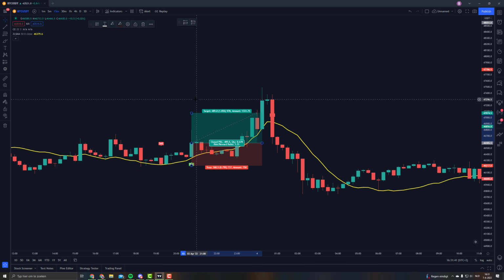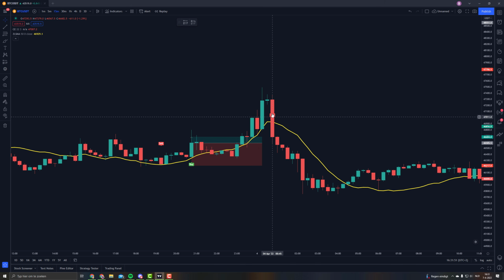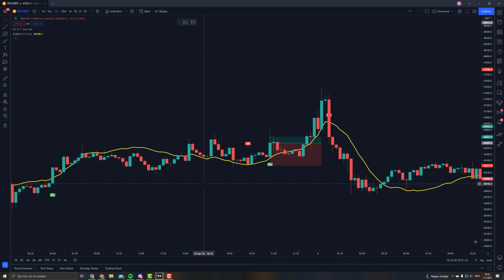Like I said, I will get out if I am in profit and the candle closes underneath the yellow line. So it will be right there. And if this candle went all the way back here, I still would not have gotten out until it would have hit my stop loss. Just keep that in mind. And yeah, that's gonna be it. I'm gonna test this 100 times and I'll get back to you with the results.